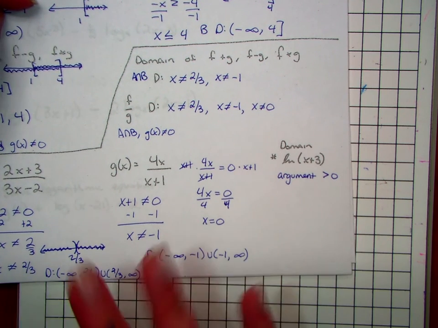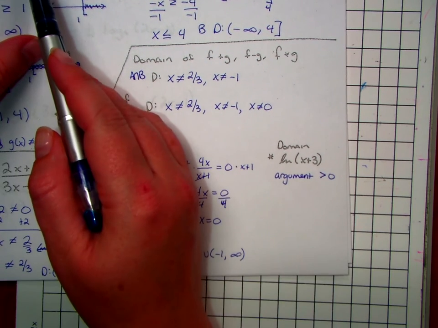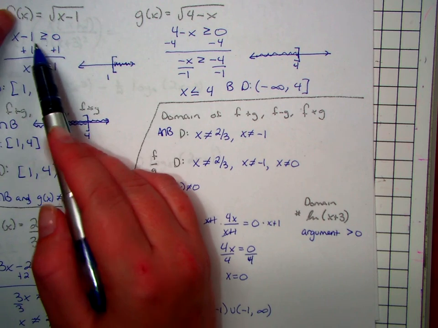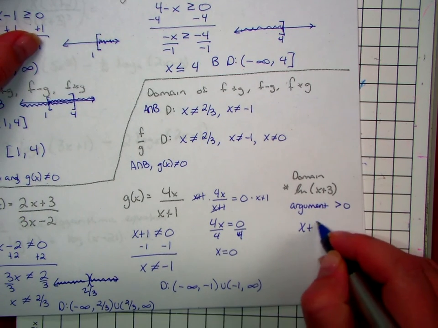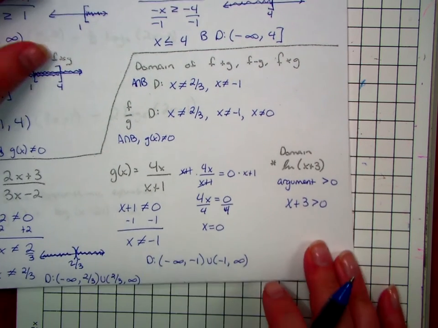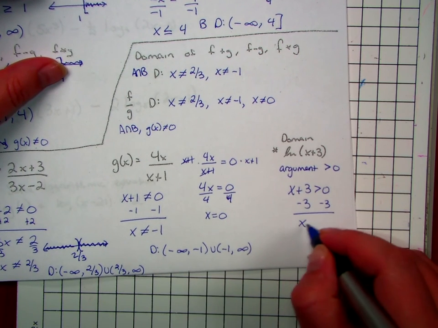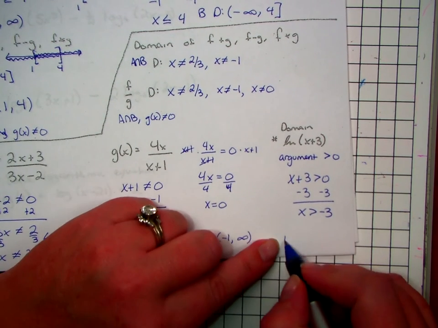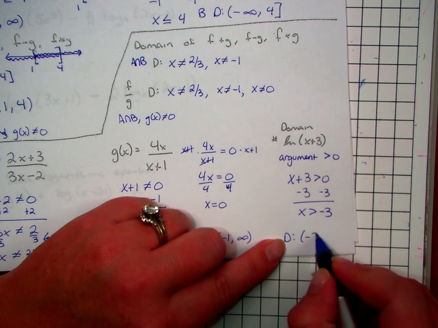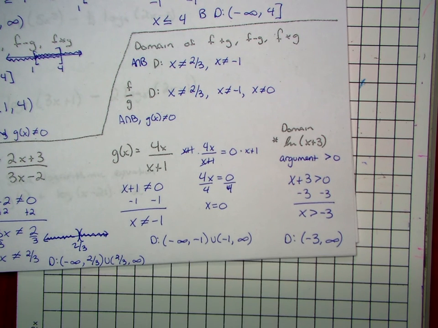Just like with the radicals, where we took the radicand and set it greater than or equal to 0, here we take the argument and set it greater than 0. That's going to be our domain. If I subtract 3 from both sides, I get x is greater than -3. So the domain here, greater than -3, would be -3 to infinity. Domains of functions, big concept.